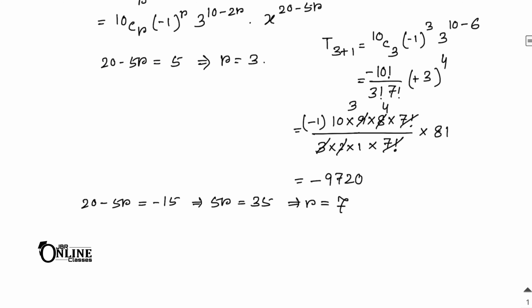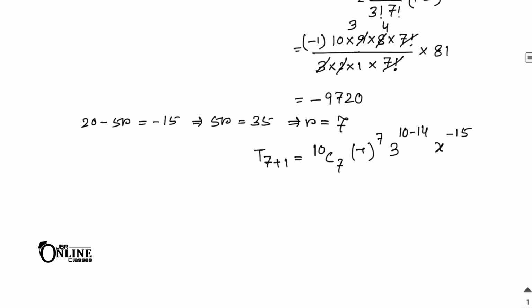So now here if r equal to 7, then you can write down as T(7+1), that equal to here 10C7, (minus 1) to the power 7, 3 to the power 10 minus 2 into 7, that means 14, and then here x to the power 20 minus 5 into 7. That means you know that x to the power minus 15. So you can write down directly as x to the power minus 15. Okay, so now the coefficient of that one will be your answer.